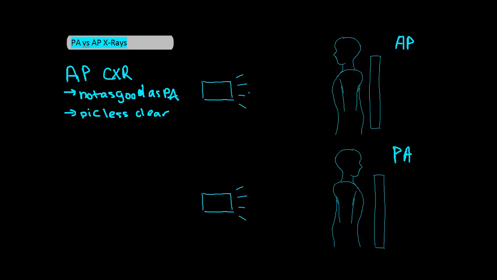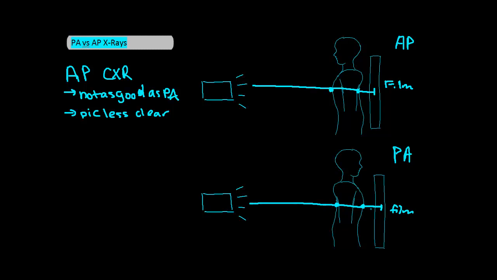So the X-ray beam first hits the anterior of the patient, then the posterior side, then finally the film. This is in contrast to the PA film, in which the X-ray beam hits the posterior side first, before hitting the anterior side, and then the film.